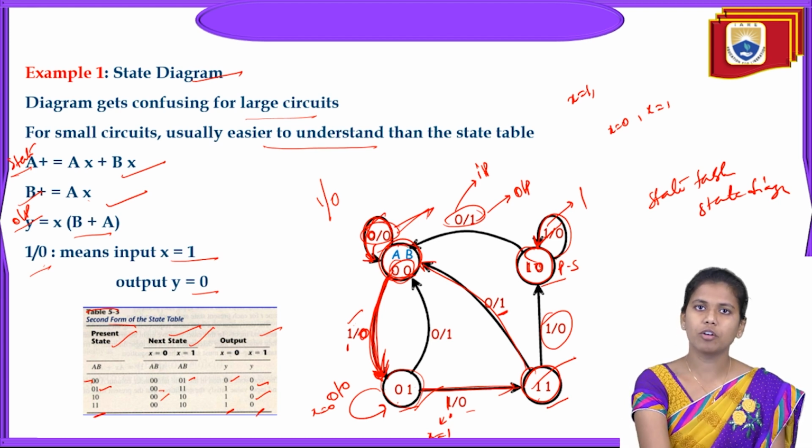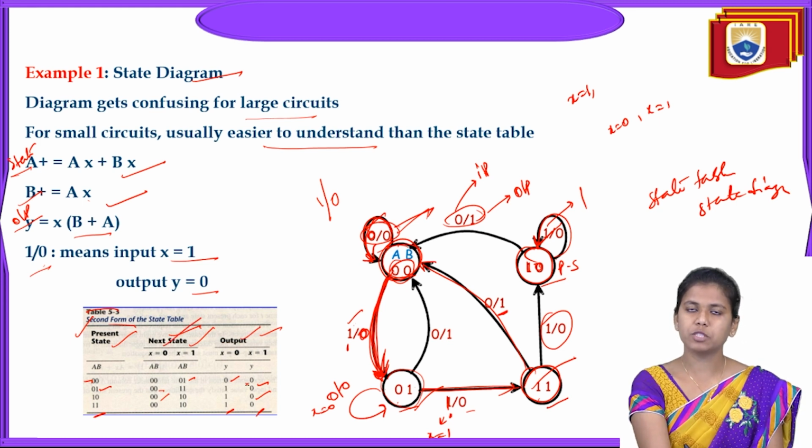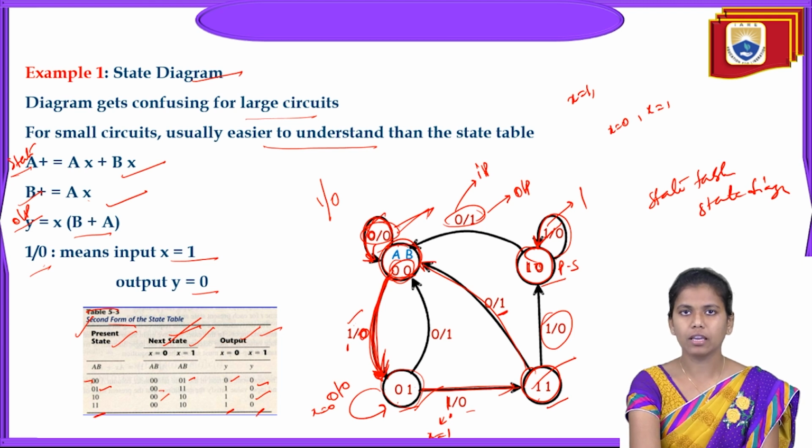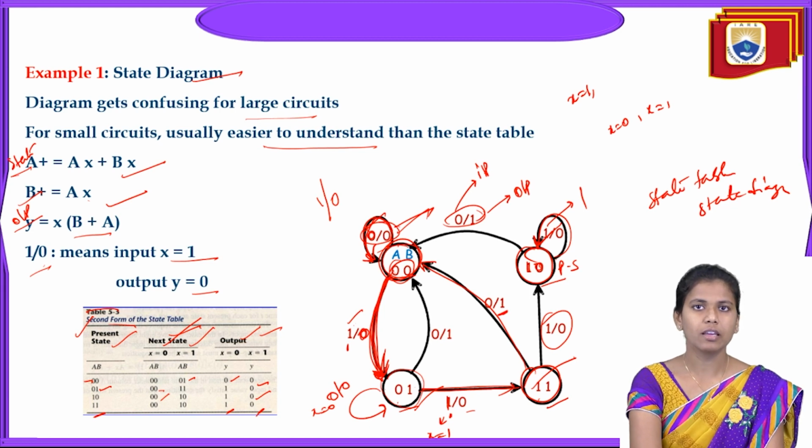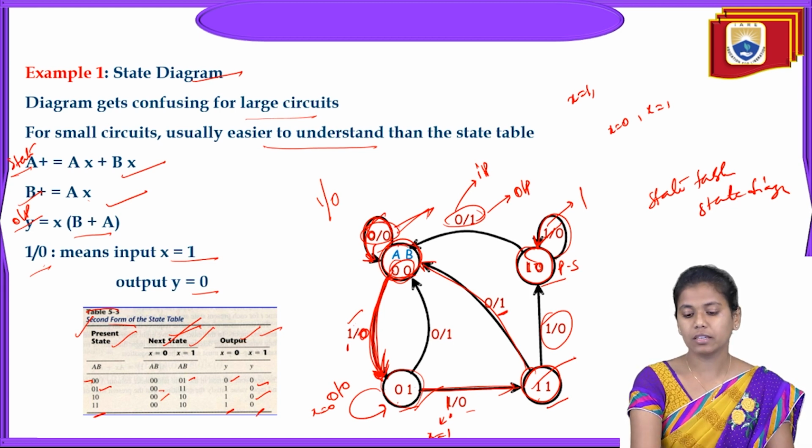The state table consists of present state, next state and output. And with respect to the state table, we can draw the state diagram easily. So for simple designs, drawing the graphical representation is very easy, whereas for complex designs, the graphical representation is more difficult.